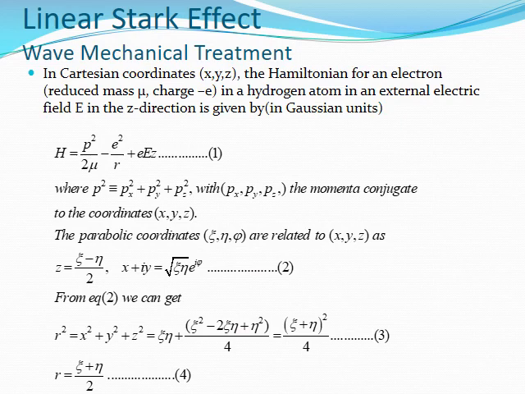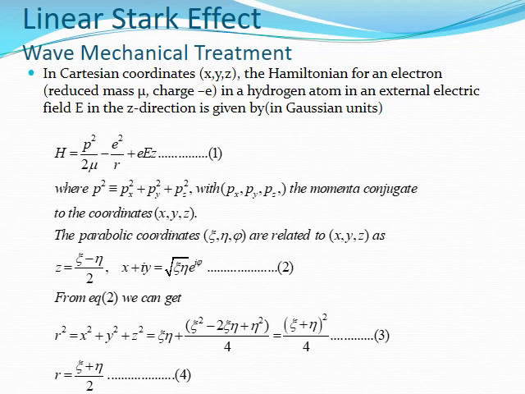Now we look into the wave mechanical treatment of the linear Stark effect. In Cartesian coordinates x, y, z, the Hamiltonian for an electron having reduced mass mu and charge minus e in a hydrogen atom in an external electric field E in the z direction is given, in Gaussian units, by H equals p squared upon 2 mu minus e squared upon r plus e E z.